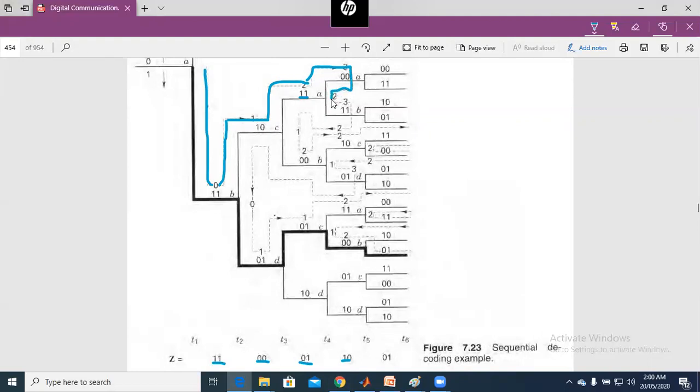Then we compare it with 1, 1, 1, 0, and the distance is 3 again. We go back again, and we follow this path. Again, when the distance is equal to 3, we reverse the path.